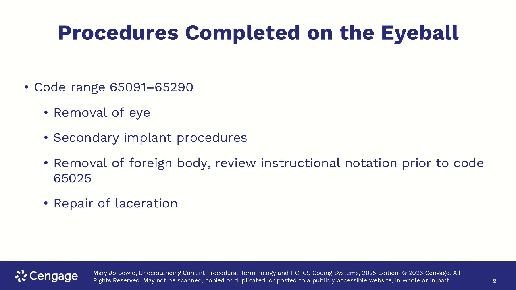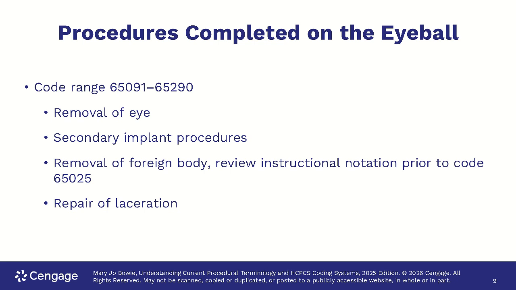So we have secondary implant procedures. These are performed inside and outside of the muscular cone. You're going to see words like ocular implant, that's inside the muscular cone. Orbital implant, okay? Those are implants that are outside the muscle cone.